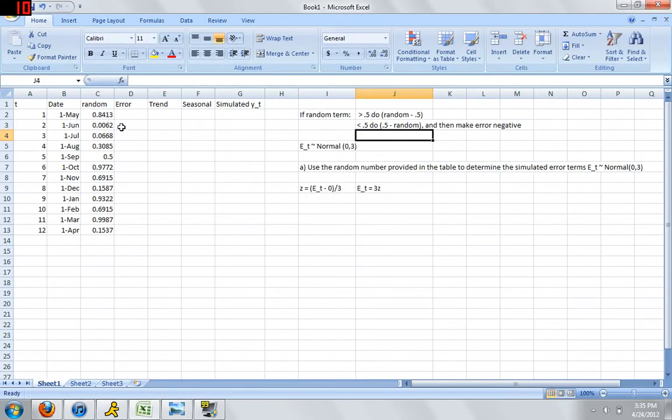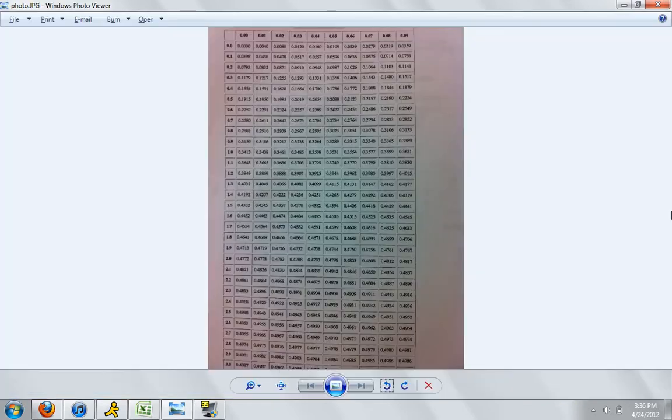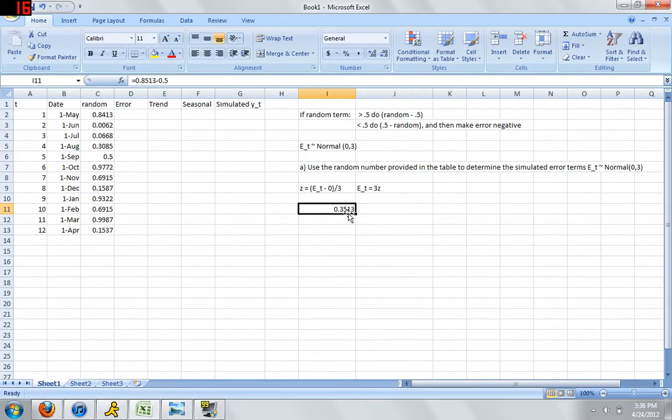So let's do an example with the first one. The first one is 0.8413. Since this is greater than 0.5, you do 0.8413 minus 0.5. That gives you 0.3413. Excuse me guys, sorry, I typed this wrong.